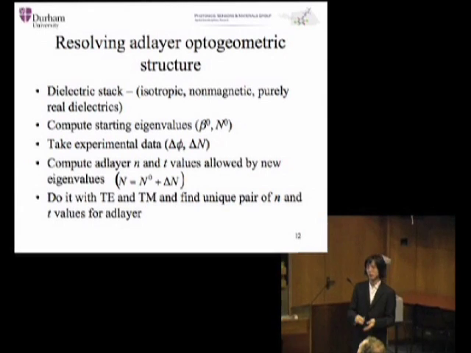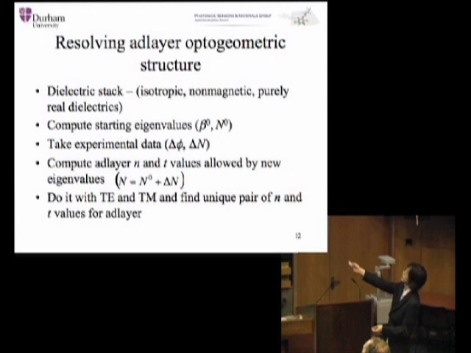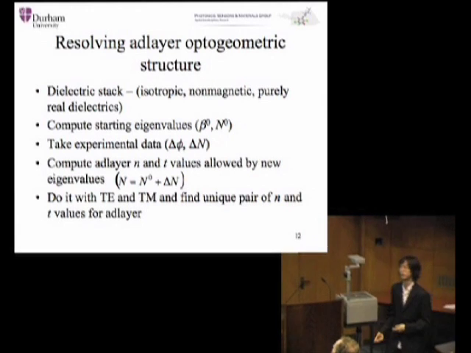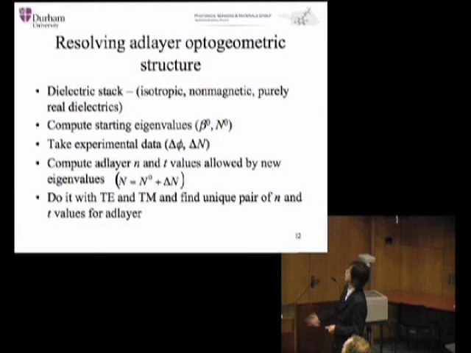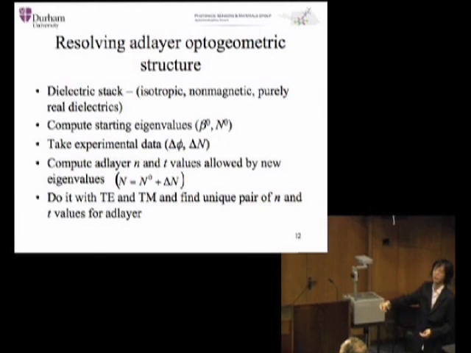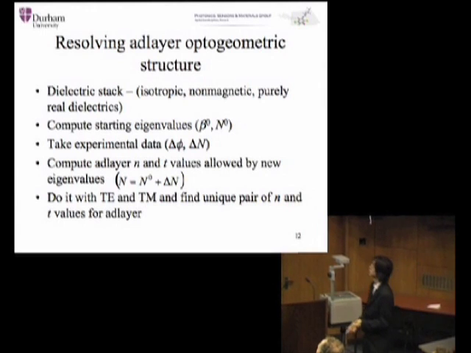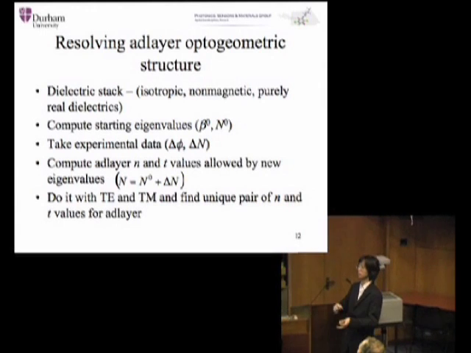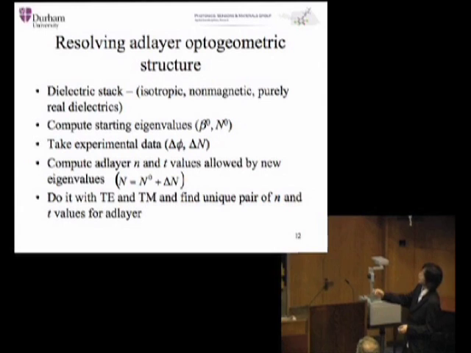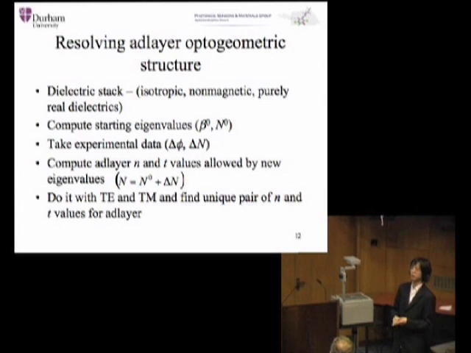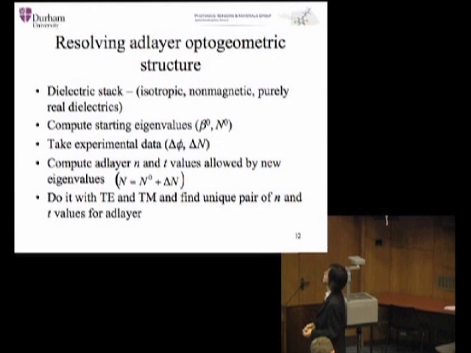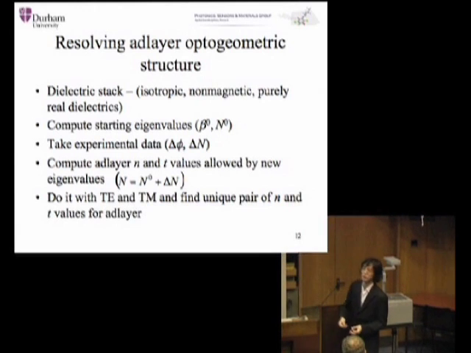And by taking the experimental data for the phase change, which can be easily converted to the respective index changes, we can then compute new eigenvalues and also a new effective index, which will allow us to compute the active refractive index and the active thickness. And if you do it in both TE and TM modes, it's going to be equivalent to solving simultaneous equations to find the unique pair of the index and the thickness of the layer.